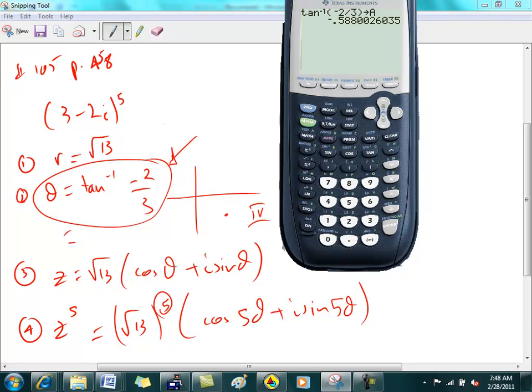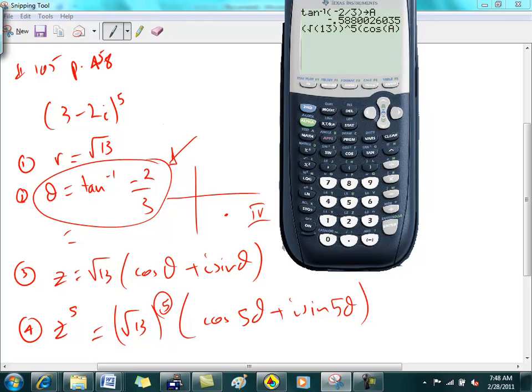So let's try it out. I want square root of 13 to the 5th power times cosine of alpha A. No, wait a minute. My bad.